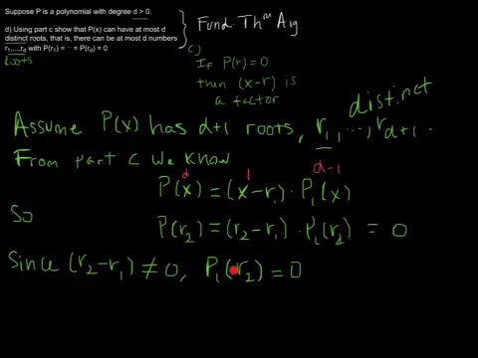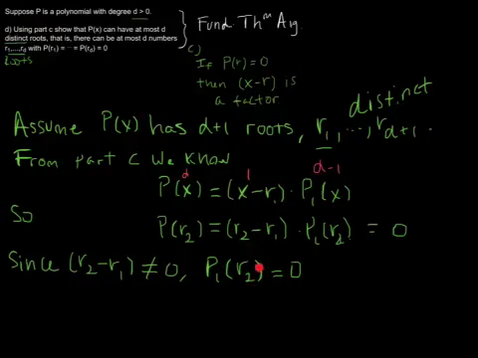What does that mean that r2 is for our polynomial p1? If I plug in r2 to p1 of x, it's got to equal 0, meaning that r2 is a root of p1. And that's perfect because we wanted to come up with the factor x minus r2, and we said that we think it will be in p1, meaning that r2 would have to be a root of p1.